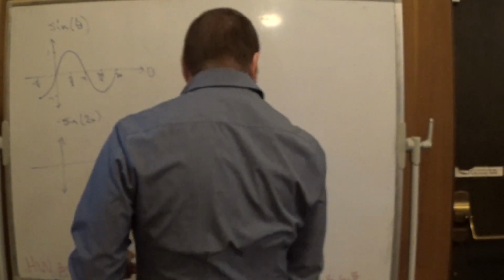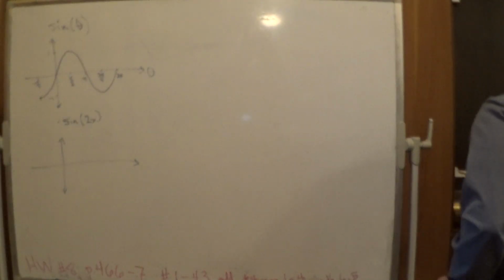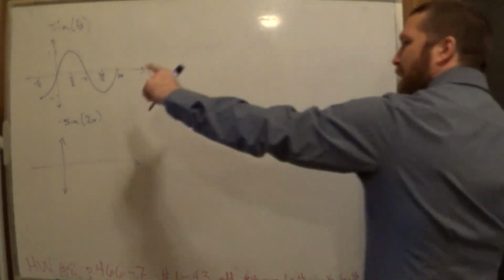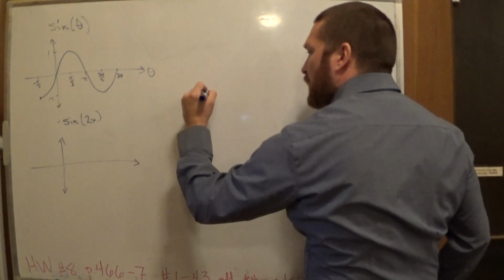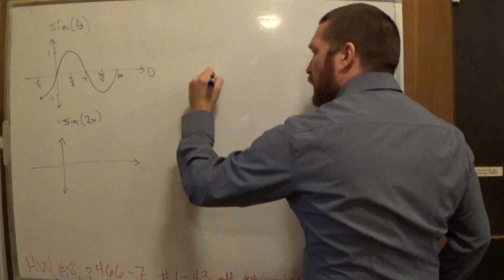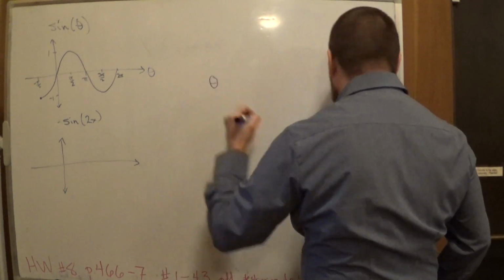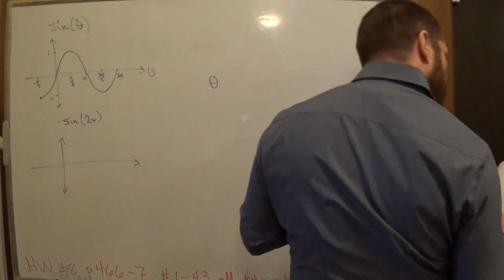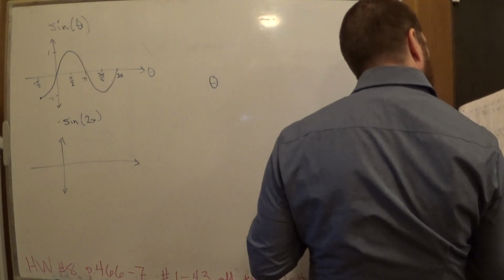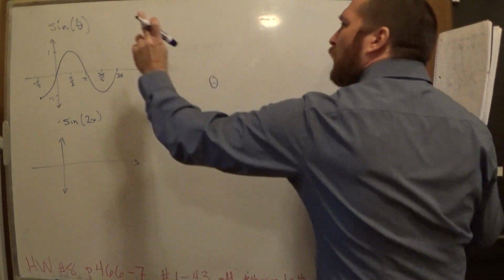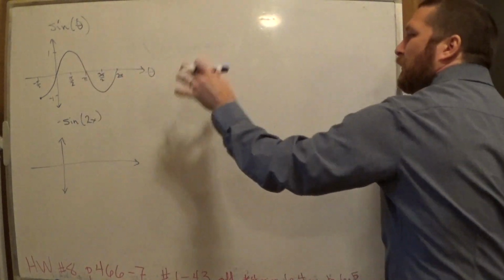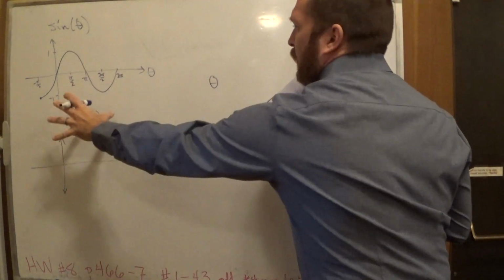Okay. Now what I want to do now is say let's think about it this way. So let's think about the original theta. Yeah. Okay. So the original sine theta, this is the thing that we know, that we love. We've been doing this for a while now.